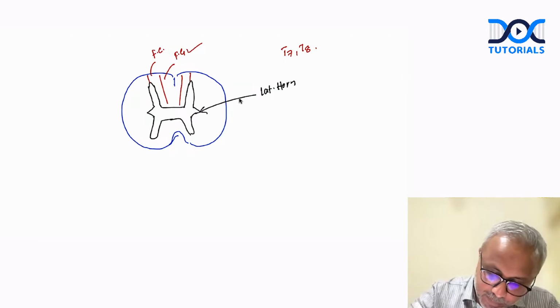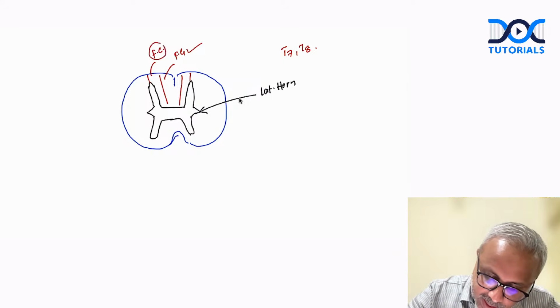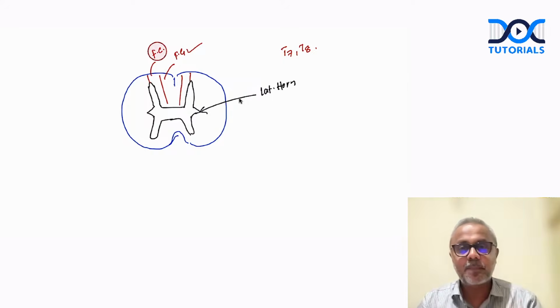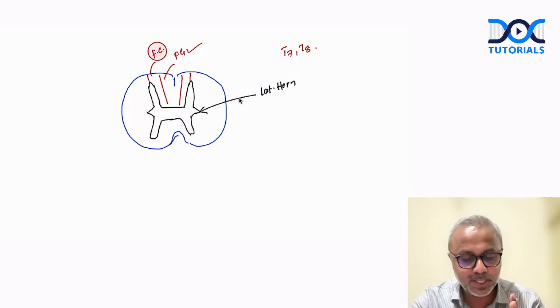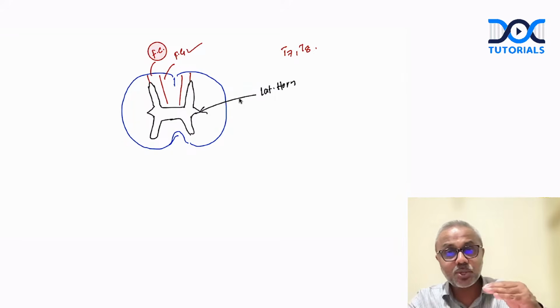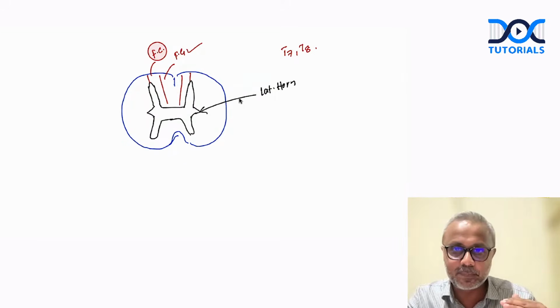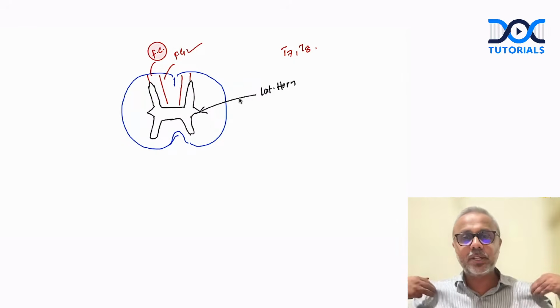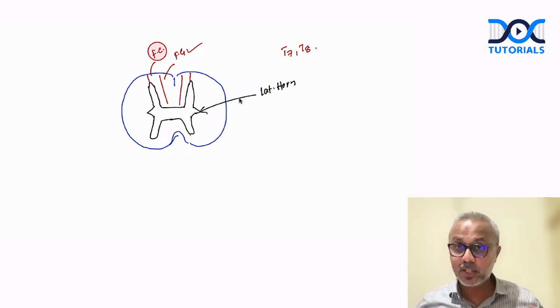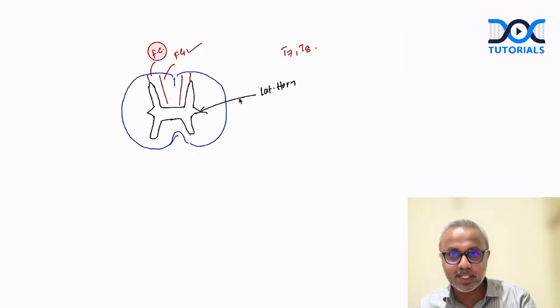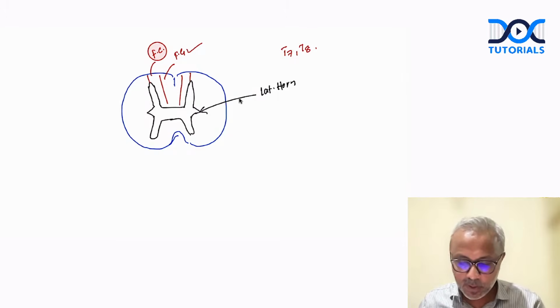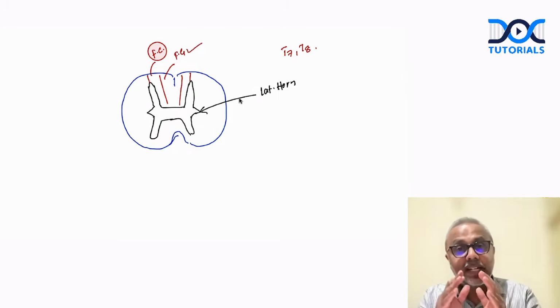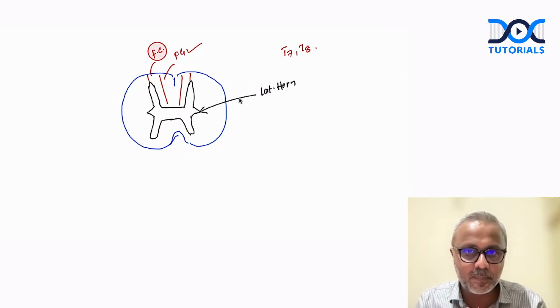But remember the fasciculus cuneatus, which carries conscious proprioception, discriminative touch, pressure, and vibration, begins only after the T6 level. That is, it carries these sensations from the upper part of the body, including the upper limbs. So, if you are drawing the transverse section of the spinal cord below the level of T6, you must never show the fasciculus cuneatus. And this is what the examiner will look for, right?